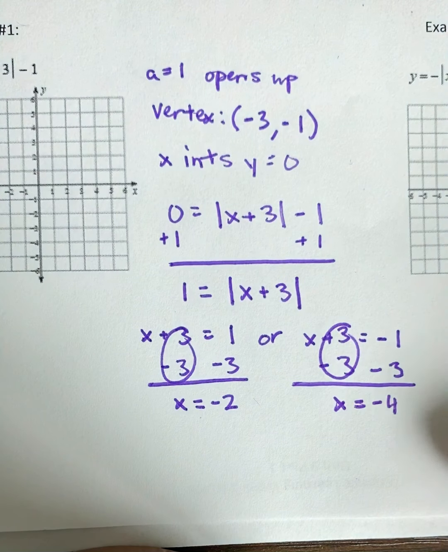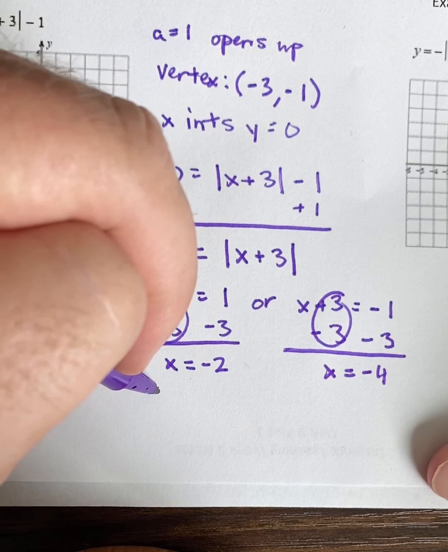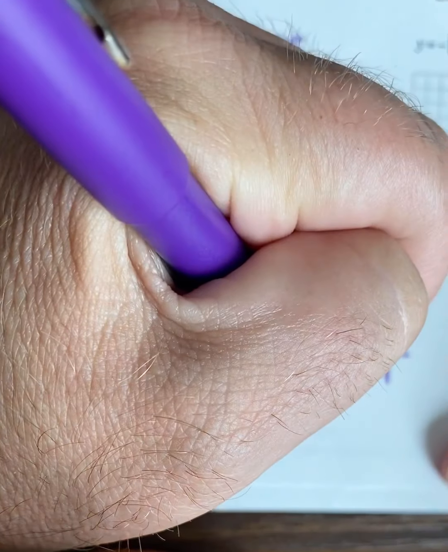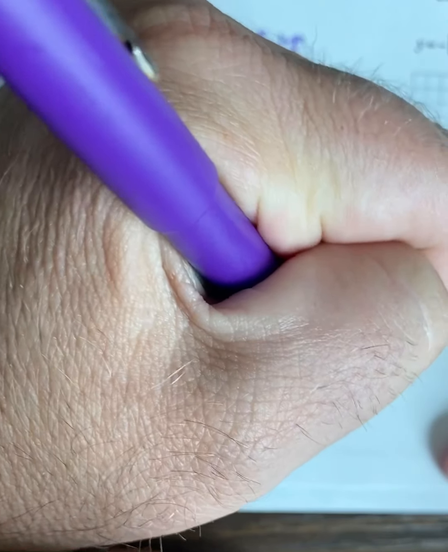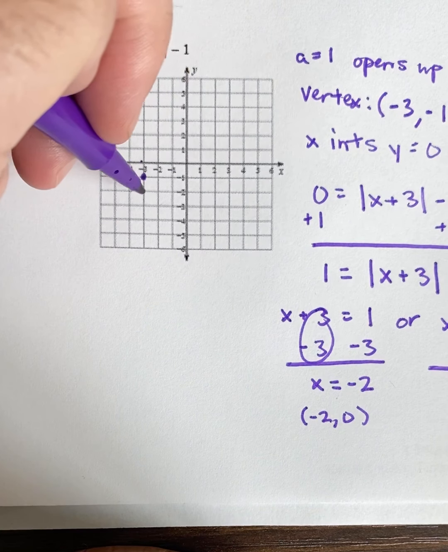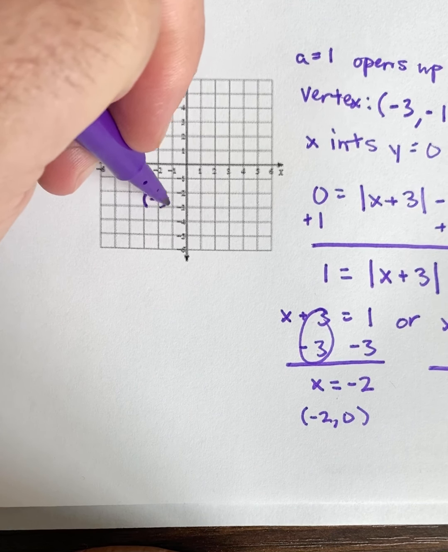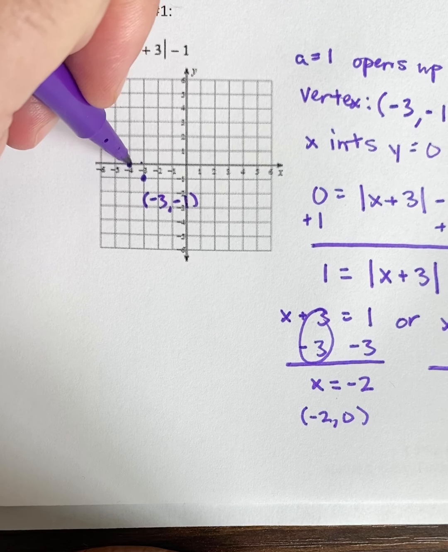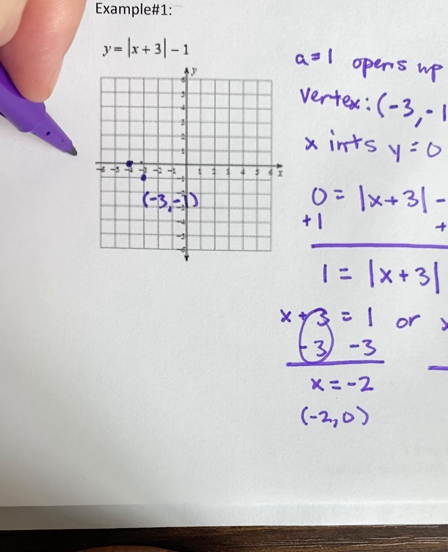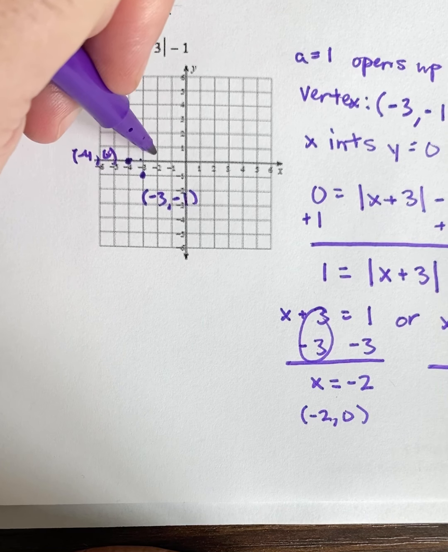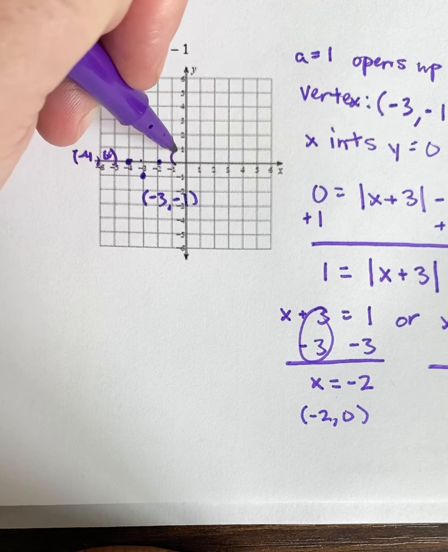So my 2 x-intercepts are going to be these 2 points, negative 2, comma 0, and negative 4, comma 0. We'll mark those. This again was our vertex, negative 3, comma negative 1. And you can see here, this is one x-intercept, negative 4, comma 0, and the other one right here.